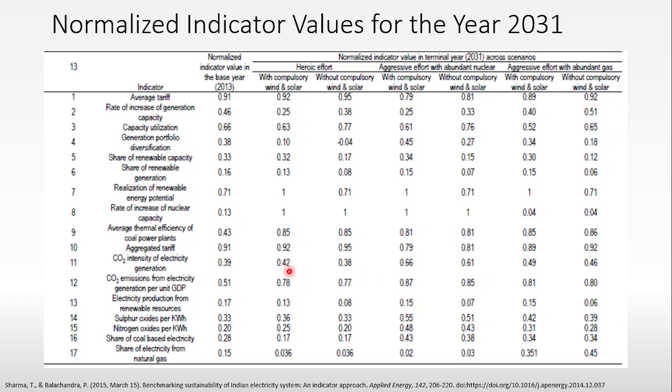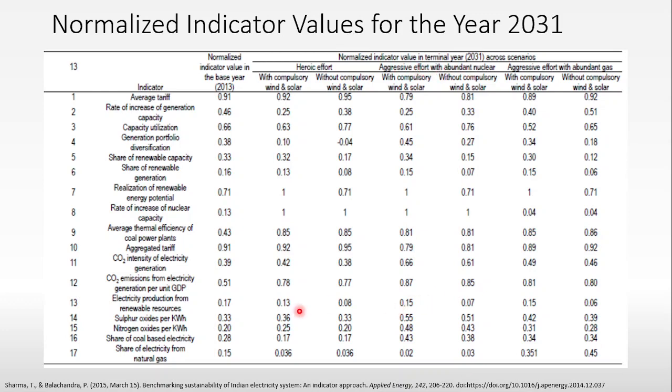So essentially what this is saying is that under these scenarios, what will be the possible values of these normalized indicators? We can reach up to 0.66 if we go for aggressive effort with nuclear.